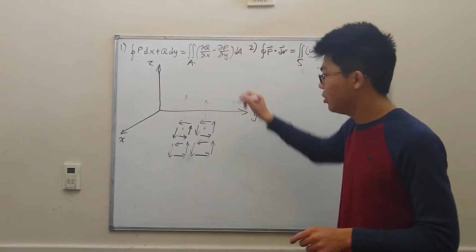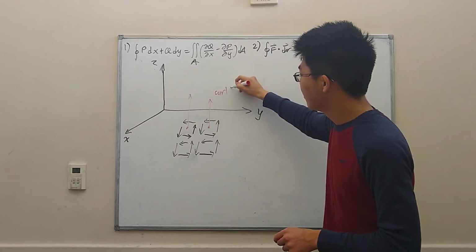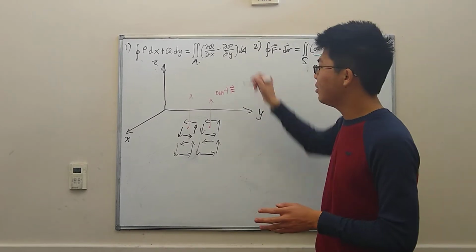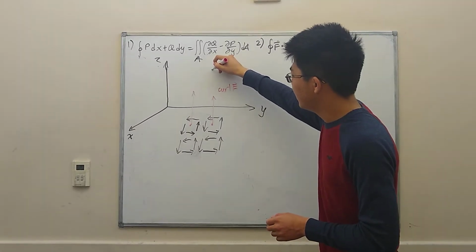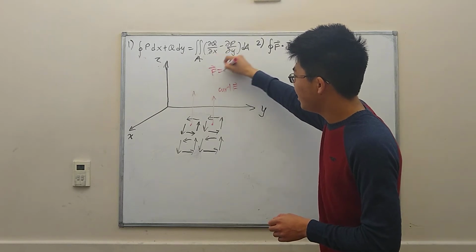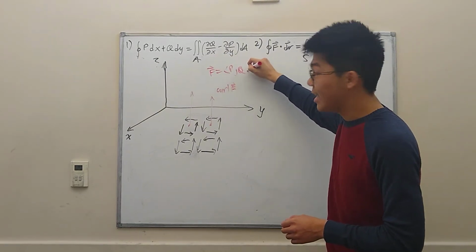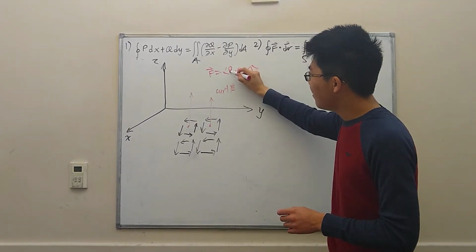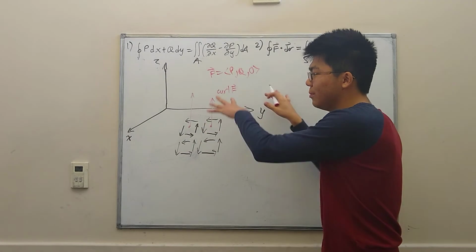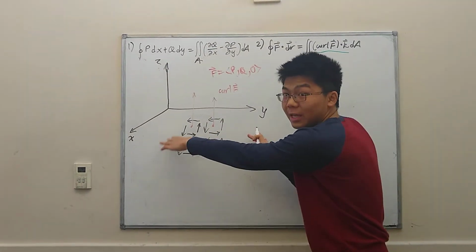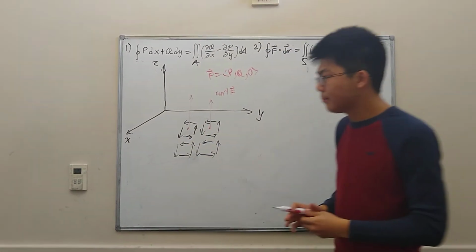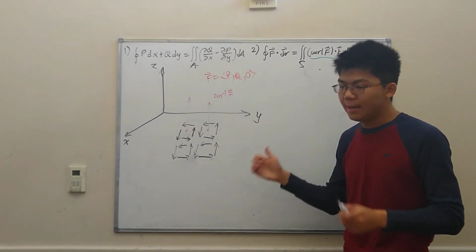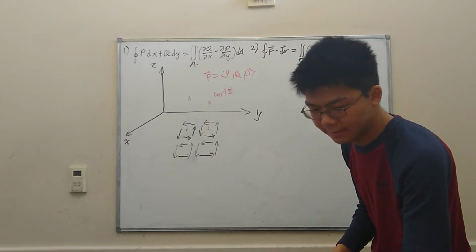I won't draw for the last two, but here's your curl of your vector field. And now, just to clarify, your vector field only has two-dimensional components. For the third dimension, z, is going to be 0, which means the vector field is located in the xy plane only.